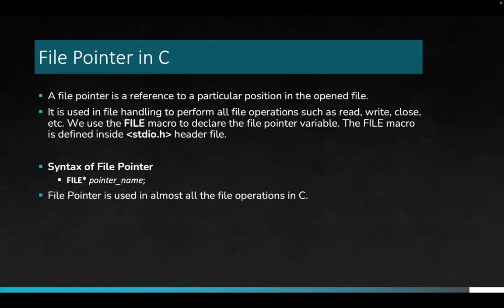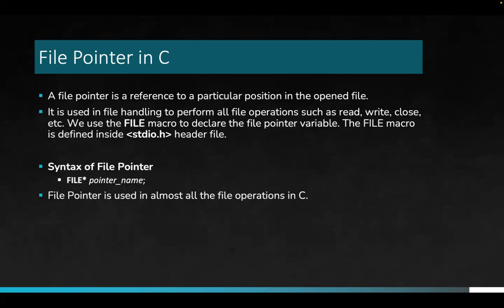These functions are present in the stdio.h header file, so you just have to include this stdio.h header file in the inclusion list of your code. Then you can access all of this from the header location.